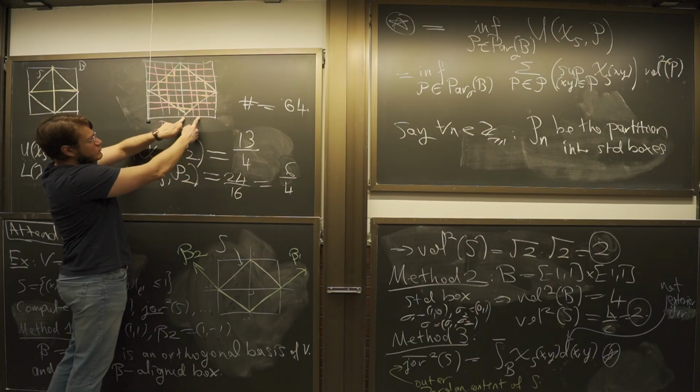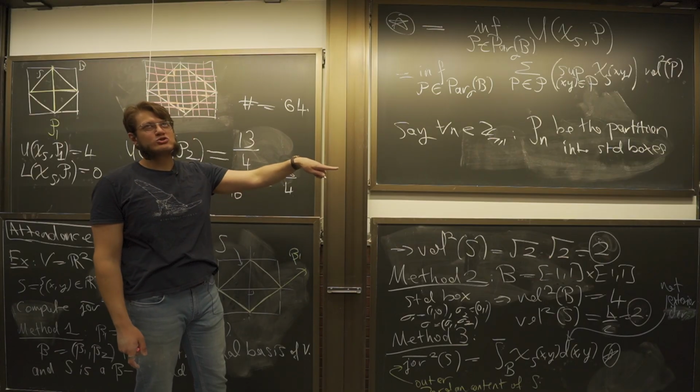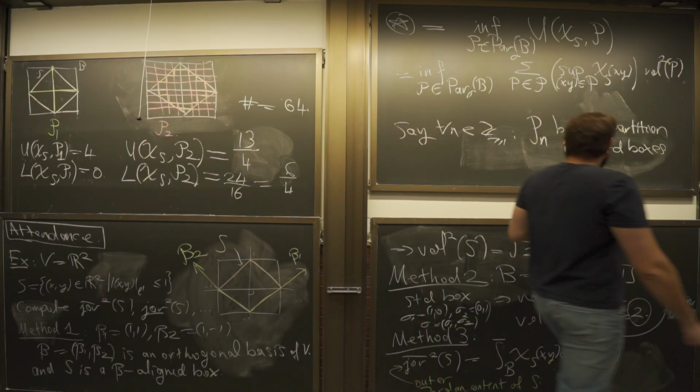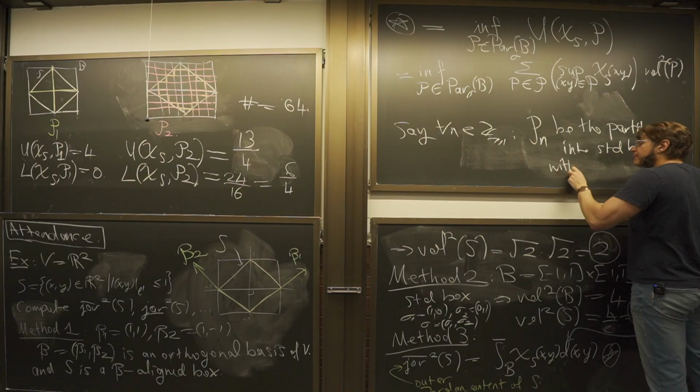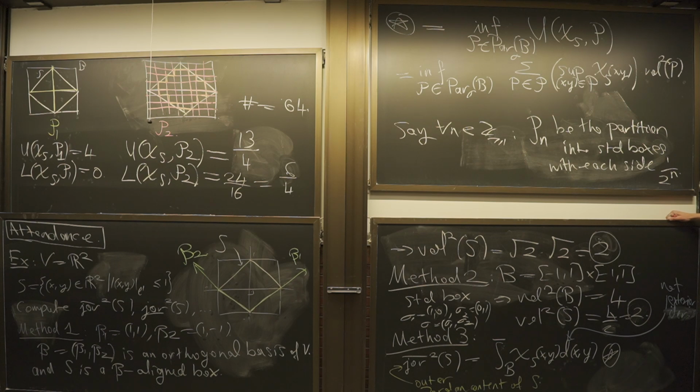That was 1, 1 over 2, 1 over 4. At 2, it was 1 over 4. At n, it should be 1 over 2 to the n.